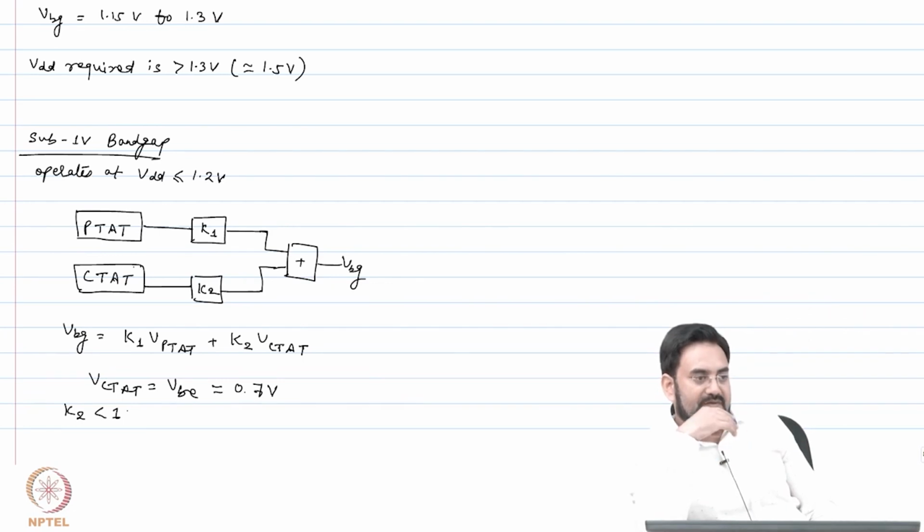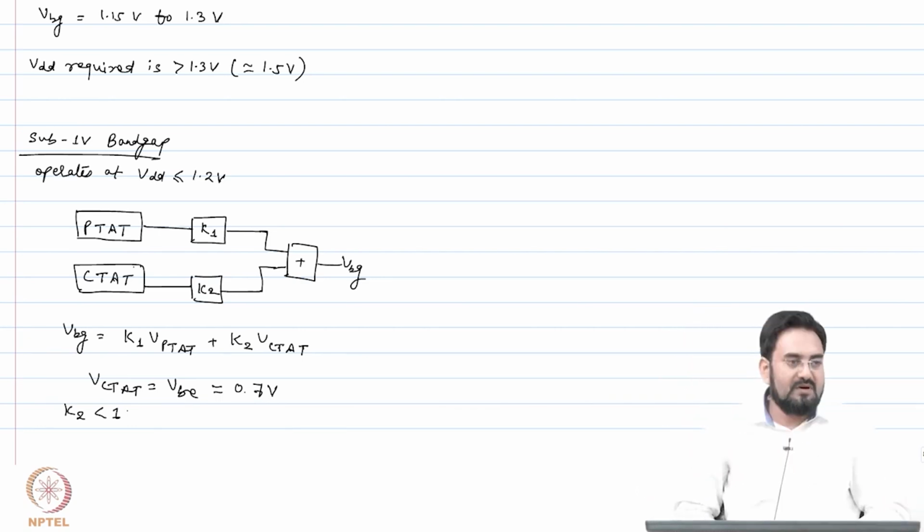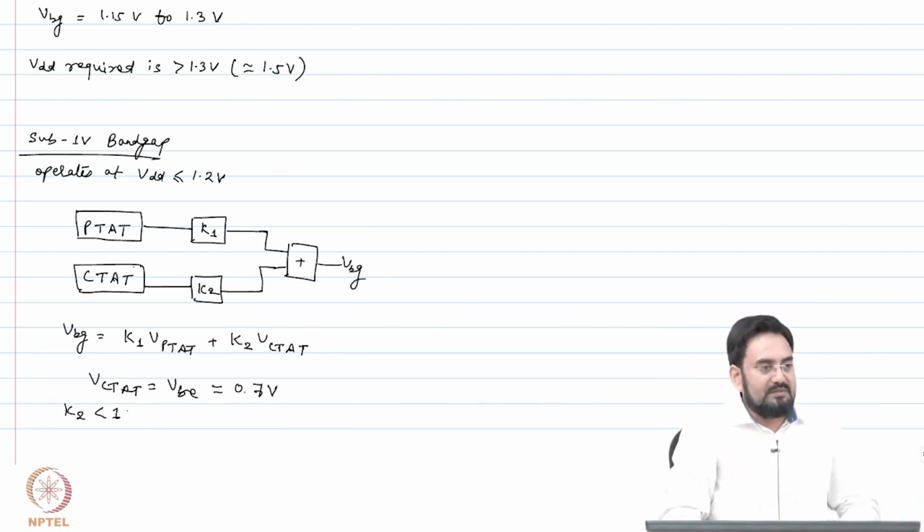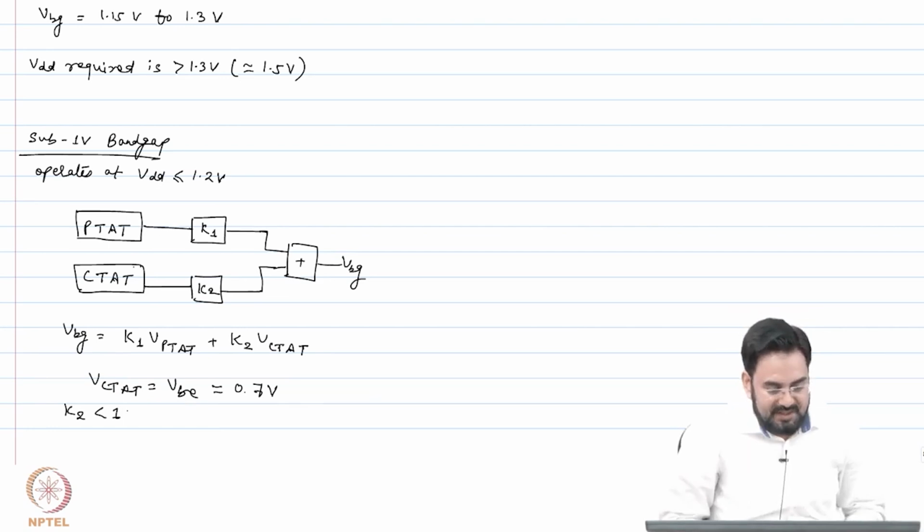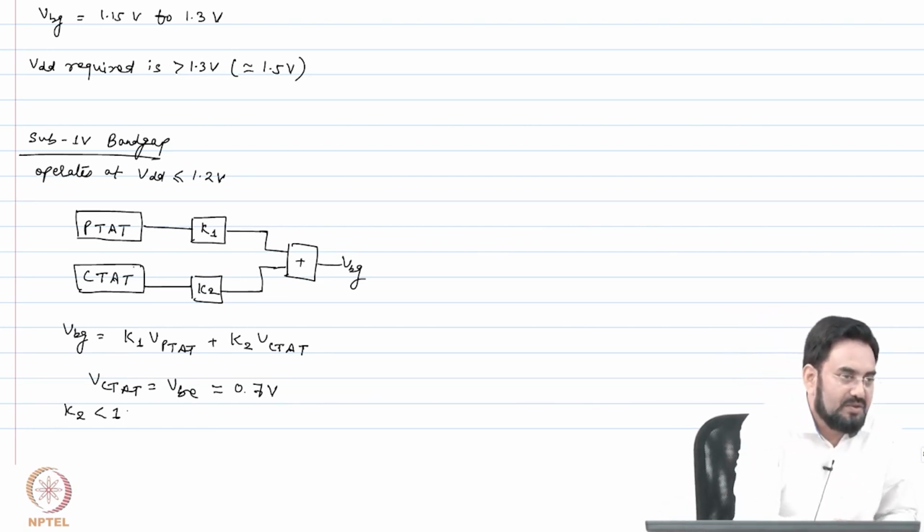If you choose half, then everything, the PTAT was added with 0.7 volt, now it will be added with 0.35 volt. So, obviously, this voltage will be much lower compared to 1.2 volt, and you can get the band gap voltage which is below 1 volt, which can operate at VDD less than 1.2 volt or so.